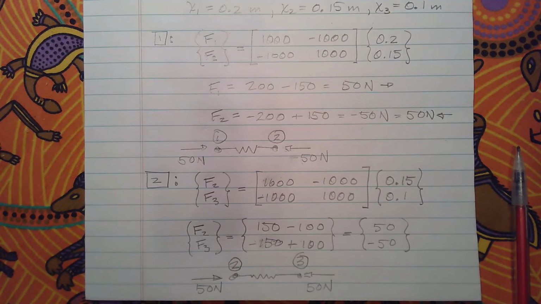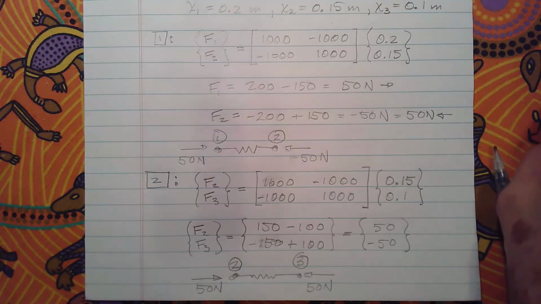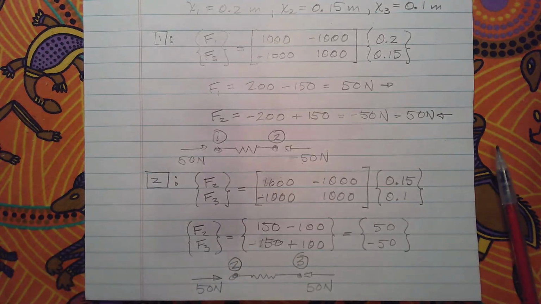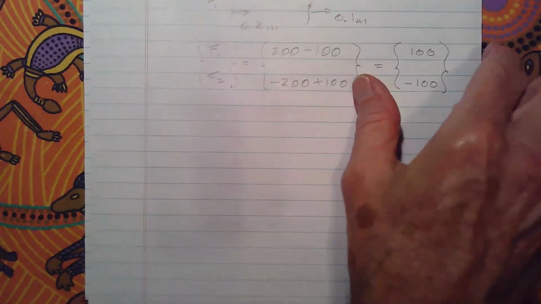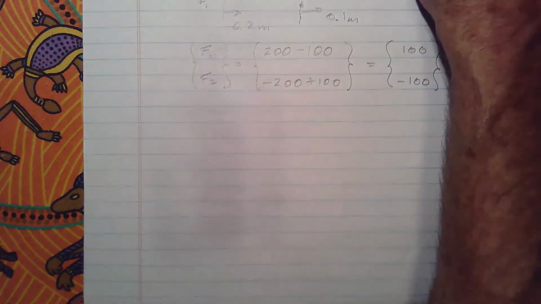Remember that if we compare this system here with the previous system where we had a single element, so remember what we did before. The first problem that we worked, let me see if I can find it, yes, was a problem with a single element. It had the same K. Let me move this down so we can see it.